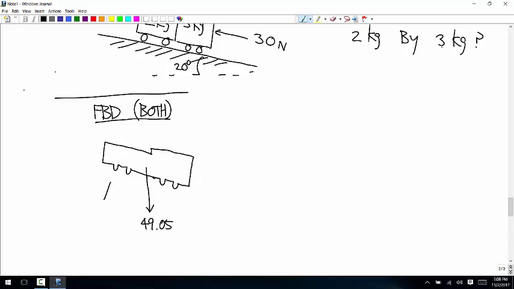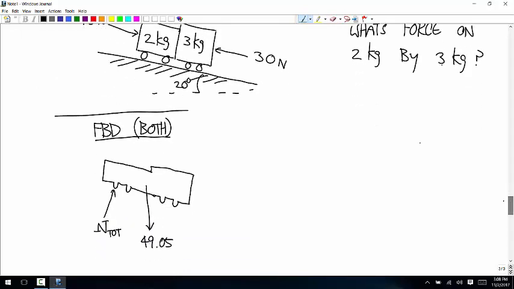And then there's a pushing contact. I'm going to call that the normal, the total normal. And then there's the 10 newtons here and the 30 newtons here.